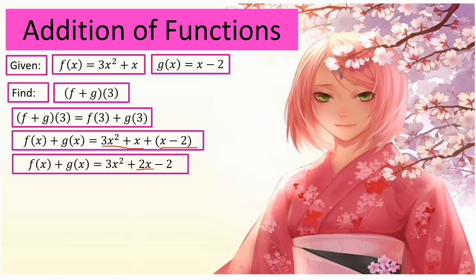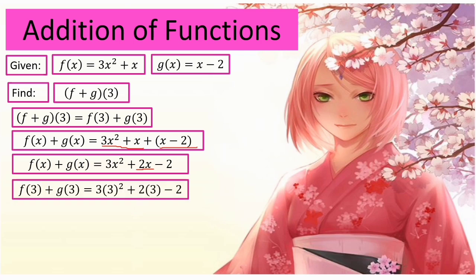Pero, our x is equal to 3. So, kailangan nating i-substitute yung value ng x natin. So, magiging 3. Yung x natin, papalitan natin. So, yung x, ito, at saka ito, yung x natin magiging 3. Tsaka ito. So, using the PEMDAS rule, ito muna ang gagawin natin.